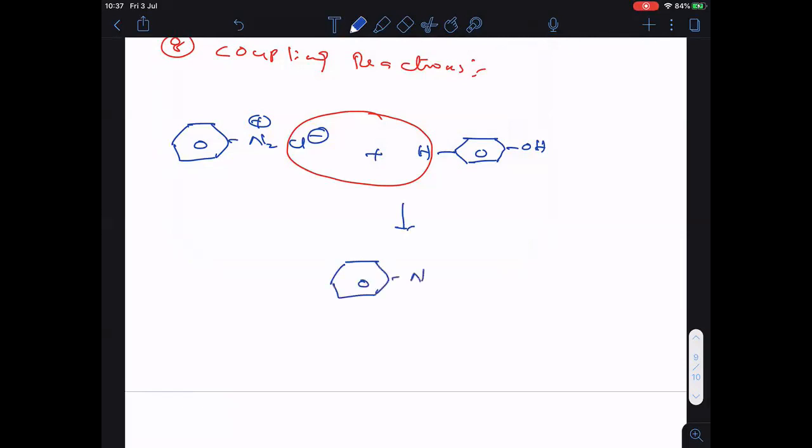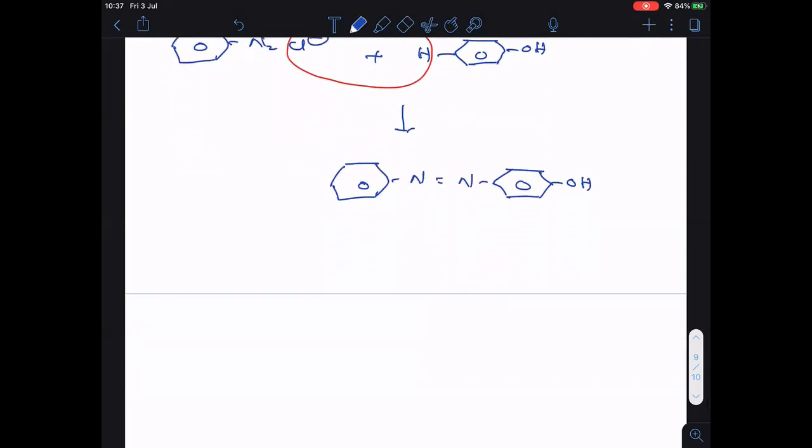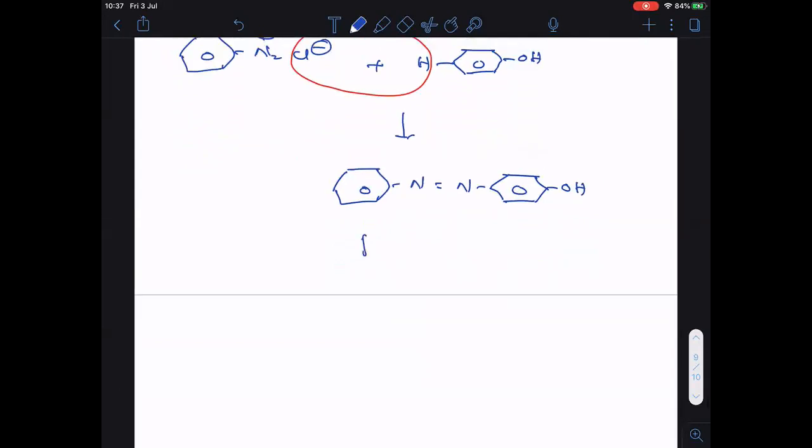So the product formed is N double bonded N. Then here the OH group will be as it is. Okay. What is the name of this one? This is called para hydroxy azobenzene.